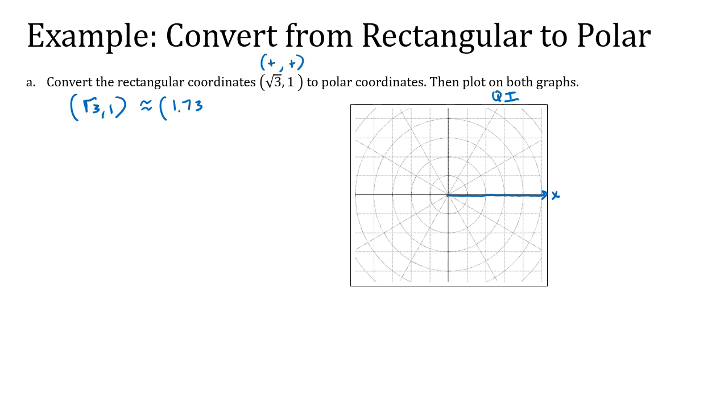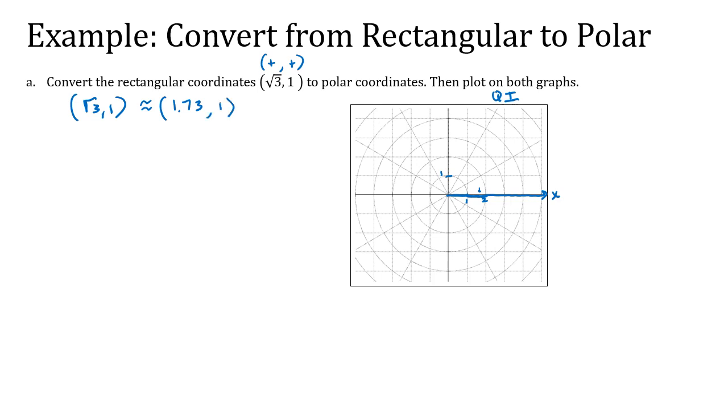So I'm going to go on the rectangular graph, positive 1, there's positive 2, so it's going to be a little bit closer to 2, isn't it? And then I'm going to go up 1. So here is 1 on the y-axis, and here's 1 on the x-axis, and here's 2 on the x-axis. Overlaid on top of that rectangular coordinate system is the polar graph. Okay, we'll get to that in a minute.